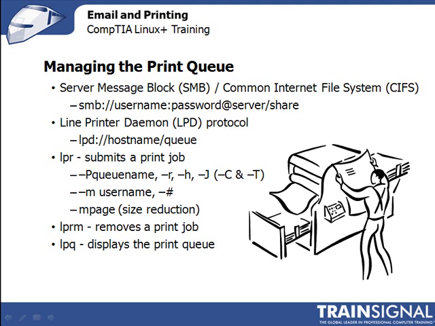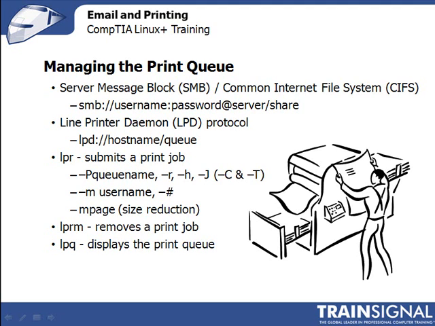And you've probably guessed that there has to be a way to manage print jobs from the command line, and you're right. The first is LPR, which is used to submit a print job, and it takes the options -P to indicate the print queue, -r to delete the file after it prints, -h to suppress the banner.